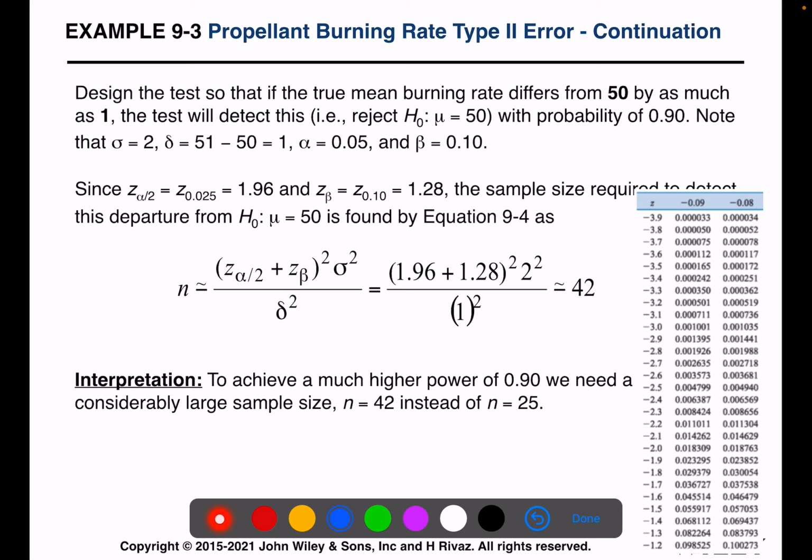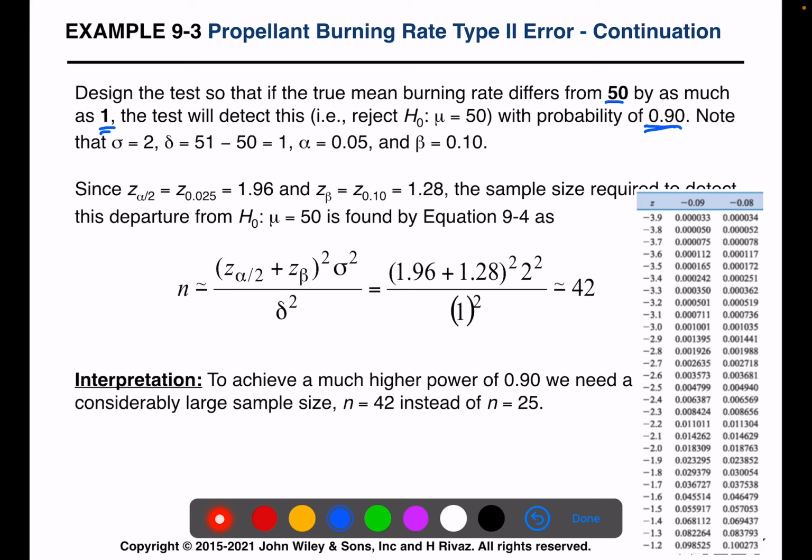Design the test so that if the true mean burning rate differs from 50 by as much as 1, so that means that delta is 1, the test will detect this with probability of 0.9. So that's the question. We want to design a test, meaning we want to find out what n is, such that if the true mean differs from 50 by as much as 1, we can detect that with the power of 0.9.